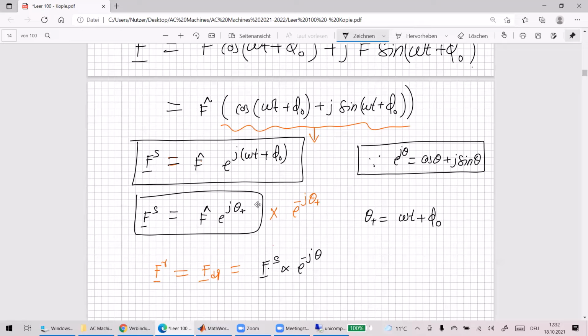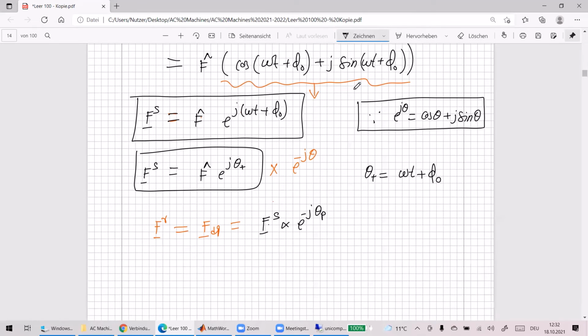You multiply with e power minus j theta, right? I'll just write e power minus j theta p. Theta p is like the park transformation angle. So p is from Park transformation, which is transforming from alpha beta to dq.